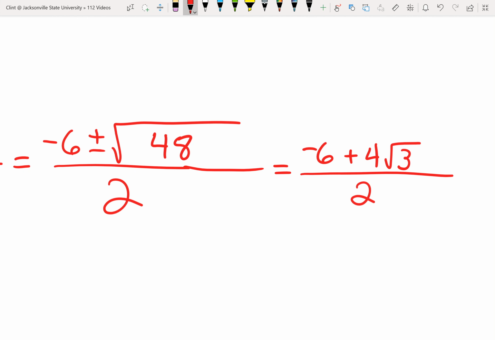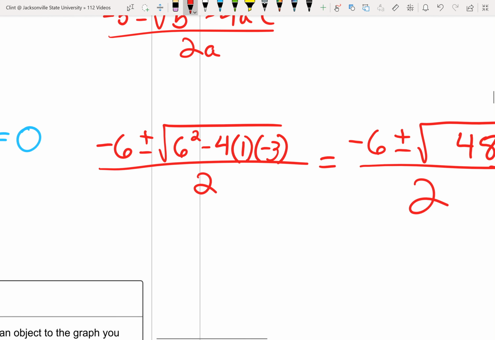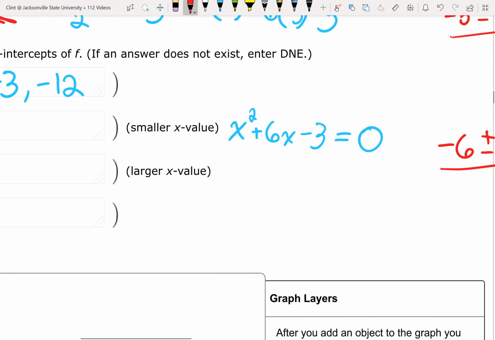Okay, over 2. So this thing's ugly. We get negative 6 plus or minus 4 root 3, over 2, which simplifies to negative 3 plus or minus 2 root 3. So we'll have, I'll try not to give you one this ugly.